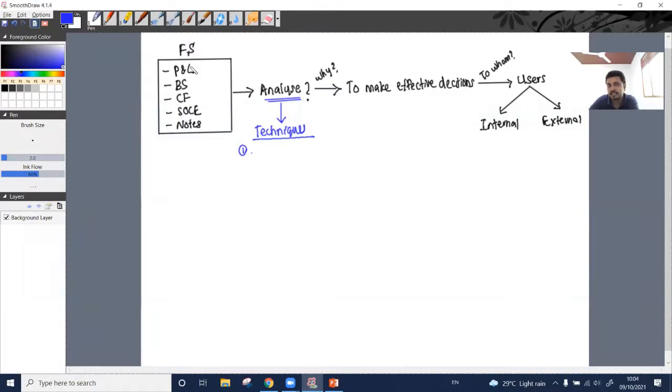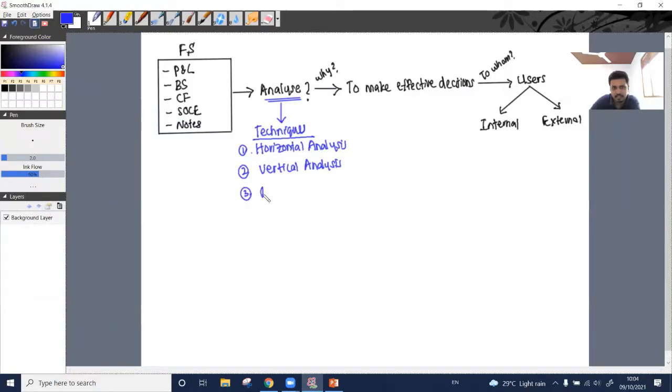What are the 3 main techniques we use when analyzing financial statements? One is horizontal analysis. Second, vertical analysis. Trend analysis is also there.